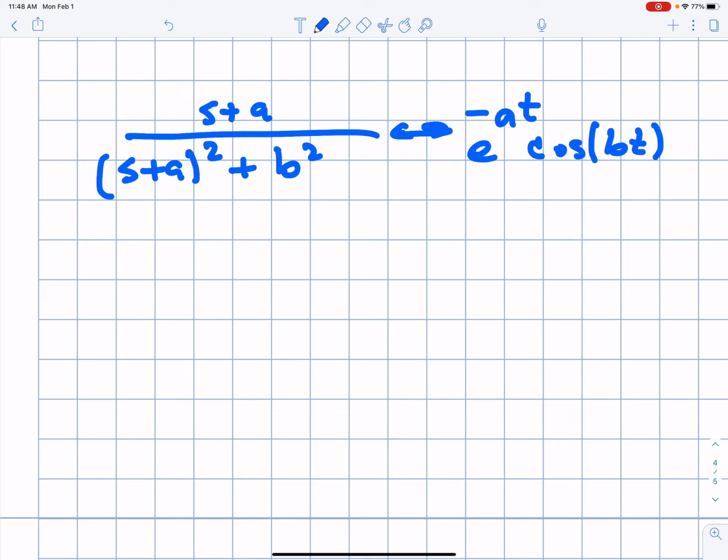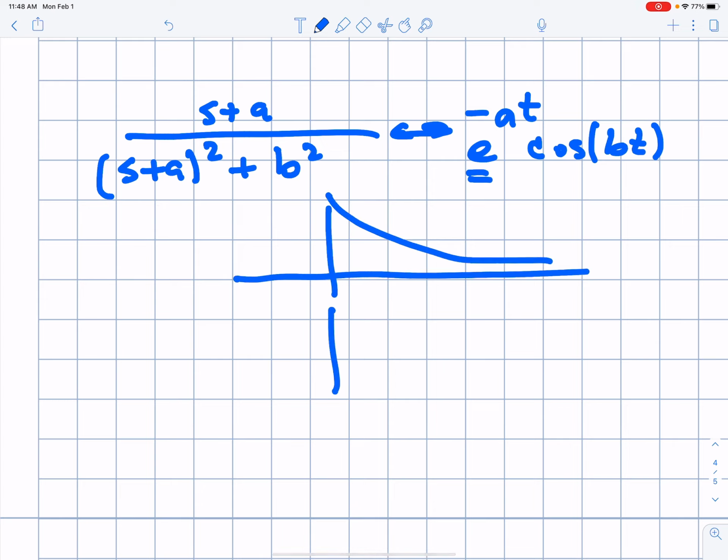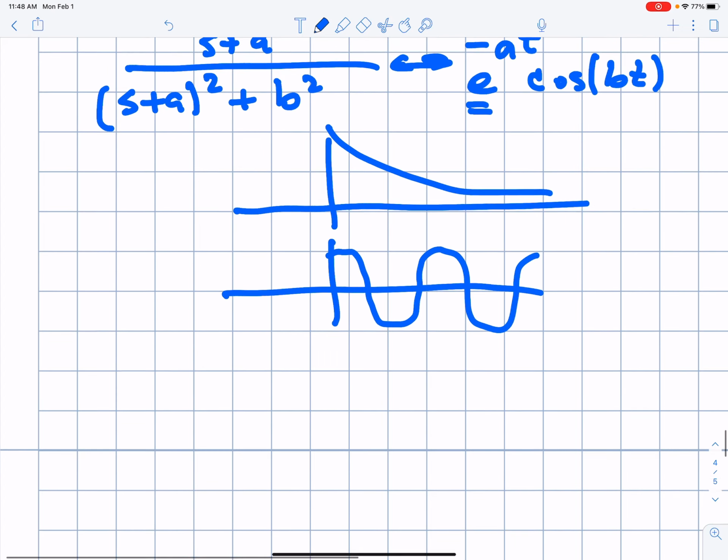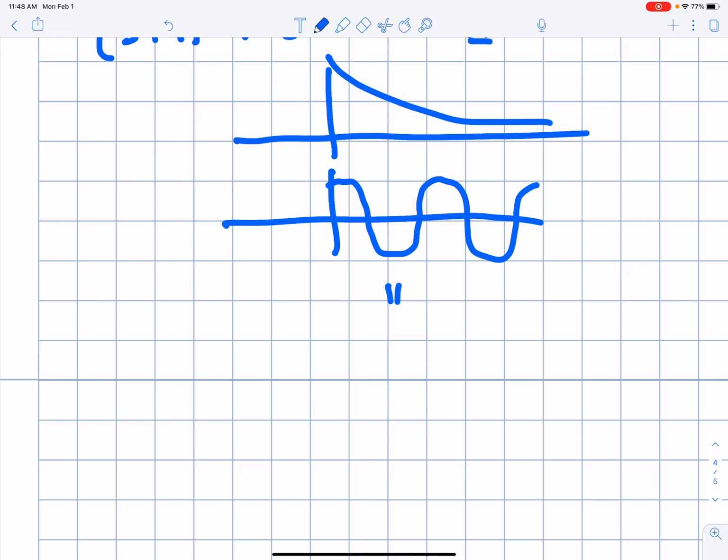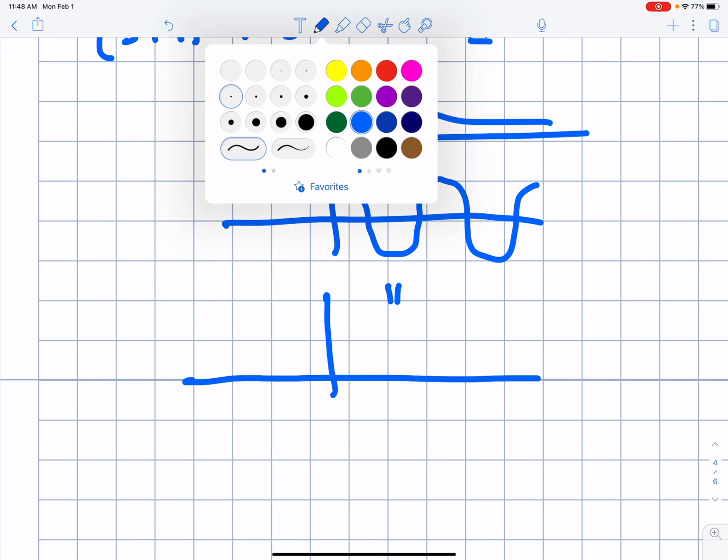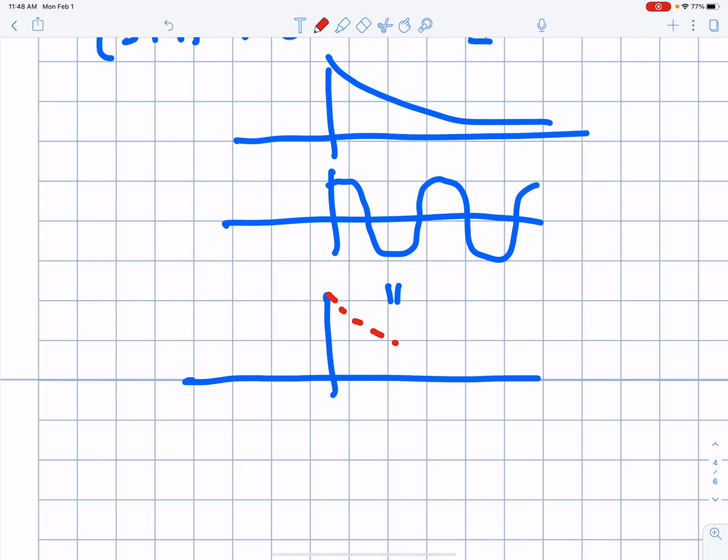Can you envision what this looks like? This would be an exponential multiplied by a cosine. So when you do that, you have this envelope for the exponential, and you would oscillate back and forth in this envelope.